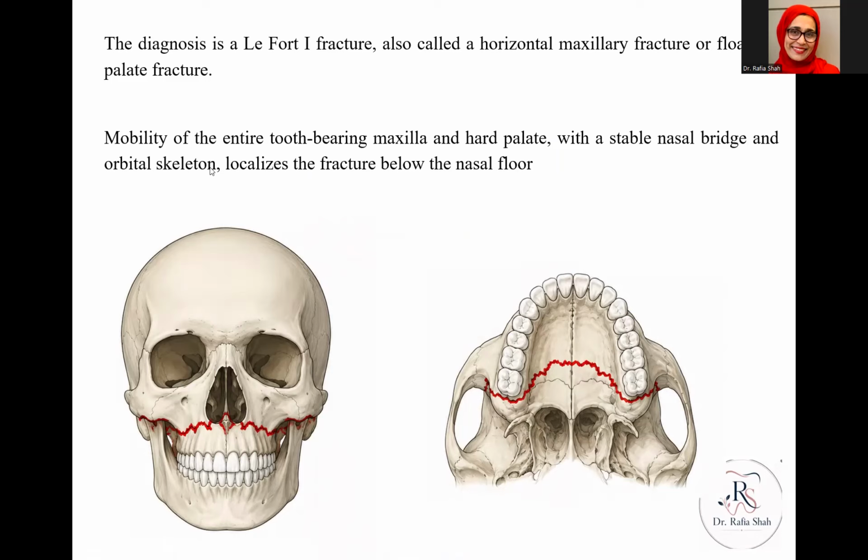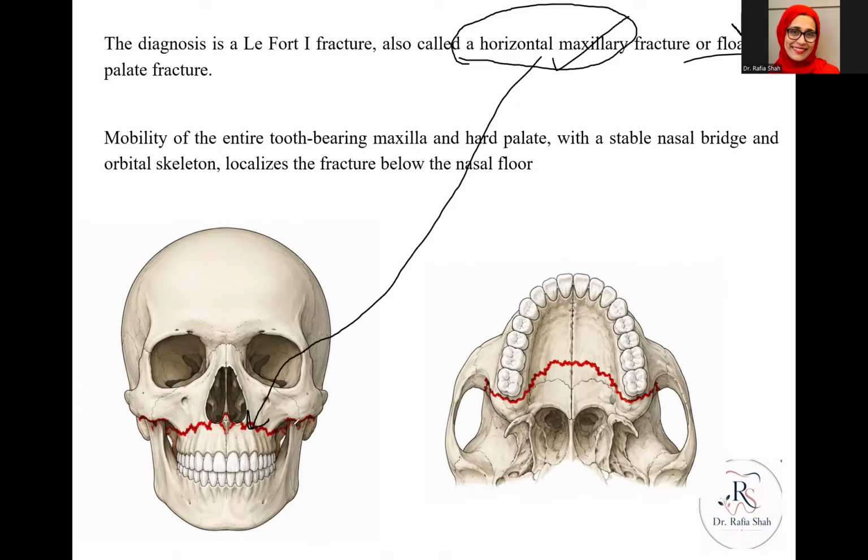First of all, we need to diagnose the Lefort 1 fracture, meaning what are the fracture lines of this fracture. Before going to this, I will tell you a little about it. This is called a horizontal maxillary fracture or a floating fracture. Why do we call it a floating fracture? Why do we call it horizontal? It means there are other fractures whose fracture line originates in the vertical direction, so this is the fracture whose fracture line is horizontal in nature.